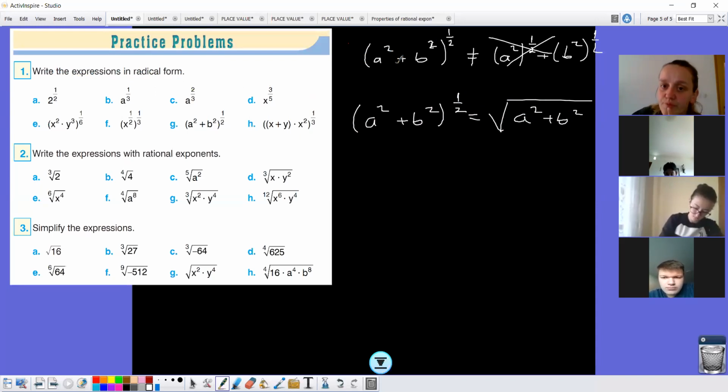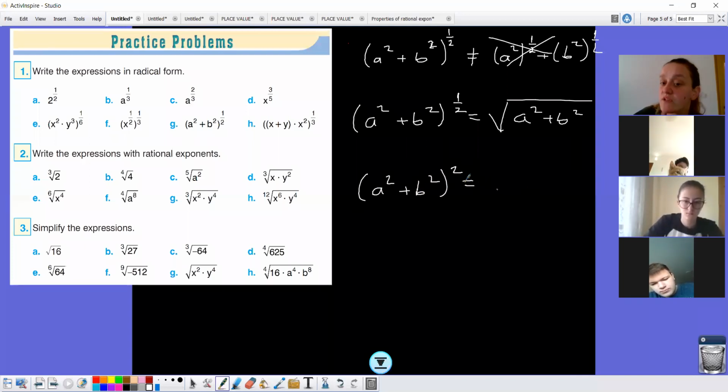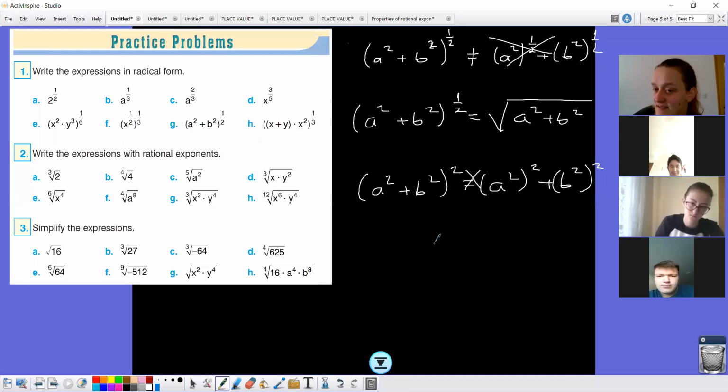When you have plus between the terms, you cannot directly write the powers, like, even if you had square, do you remember a squared plus b squared, squared? You cannot write this one like this, yes? This is not correct.